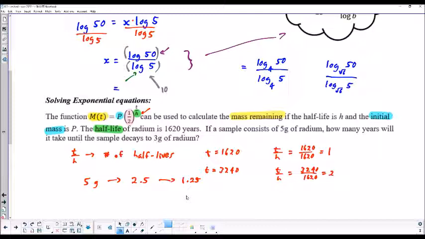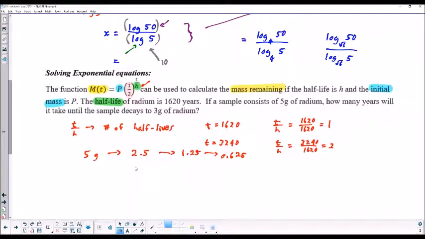And then after another 1,620 years, it decays to half of that, which is 0.625, something like that. So we see that it slows down. The graph is more like that. It's exponential. So the longer time goes, the less quickly the material decays.